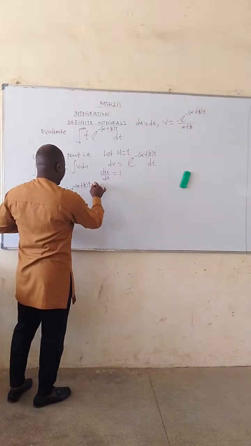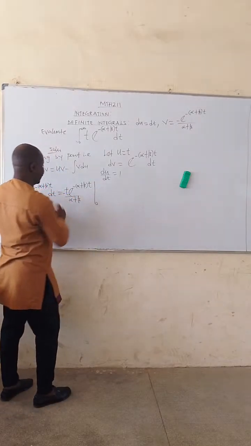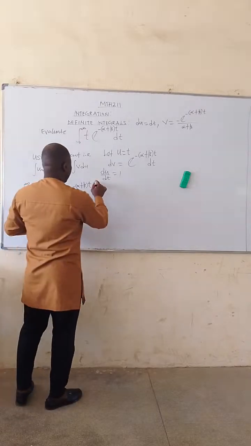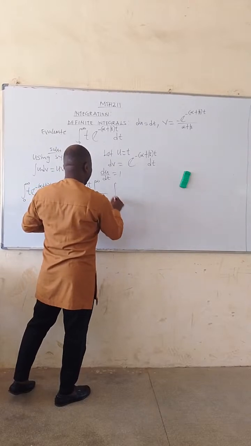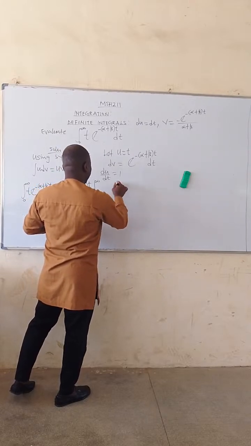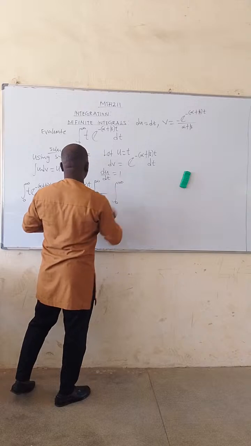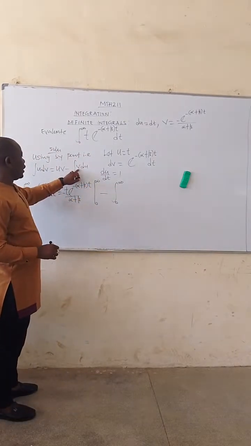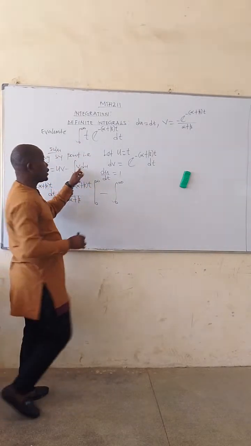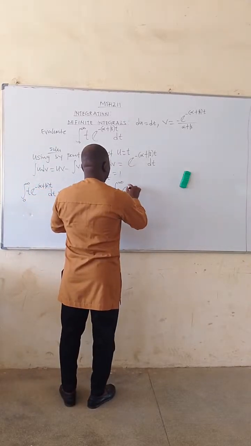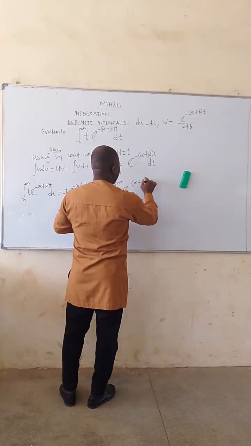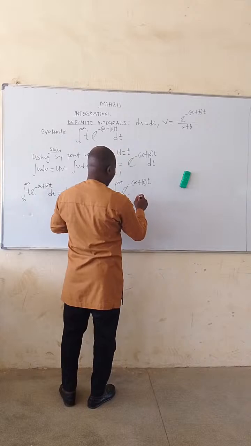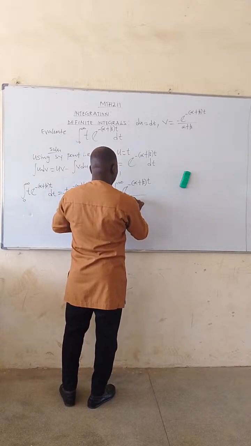So we have to indicate it, because we have integrated this. 0 to infinity minus integral 0 to infinity. What is our ordinary v? Minus exponential minus open brackets alpha plus beta t all over alpha plus beta.